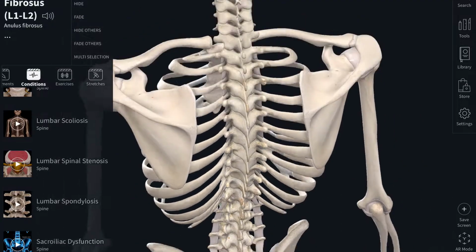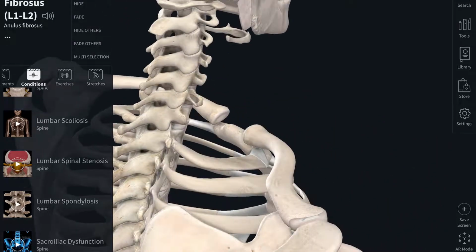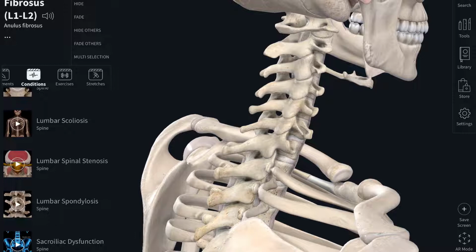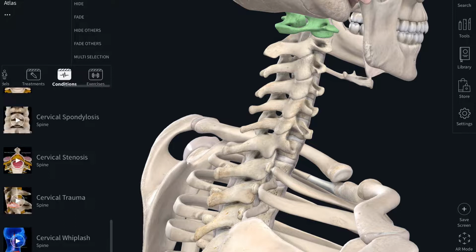Looking at the cervical vertebrae, there are 7 cervical vertebrae making up the lordotic cervical curve. C1 and C2 are unique. C1 is the Atlas, named after the Greek Titan who held up the celestial sphere.